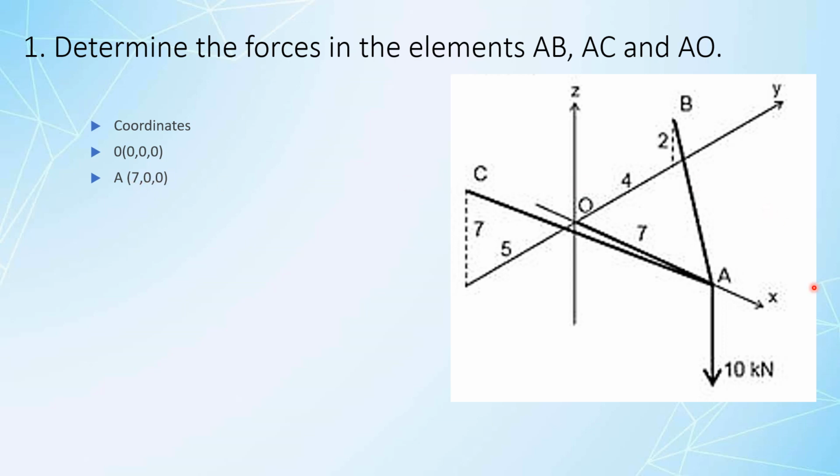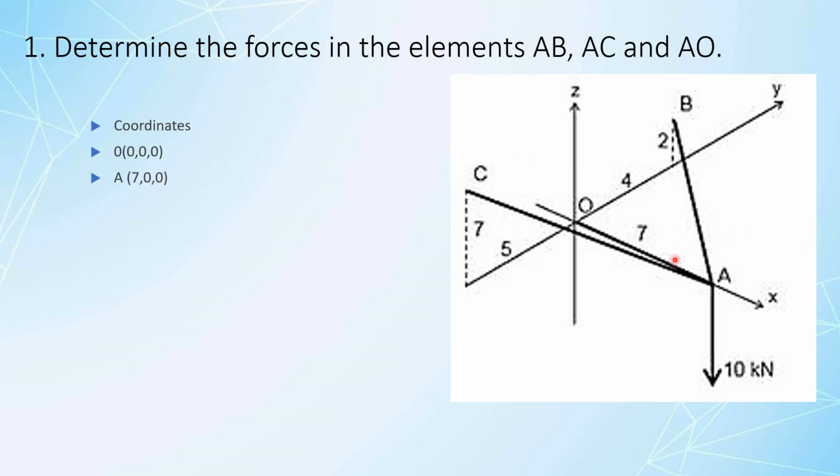Now how to find out the coordinates of each point? X coordinate of A is the distance in the direction of x from O to reach point A. In this case, you can see that from the origin, you have to move a distance of 7 to reach A in x direction. So, the x coordinate of A is 7.